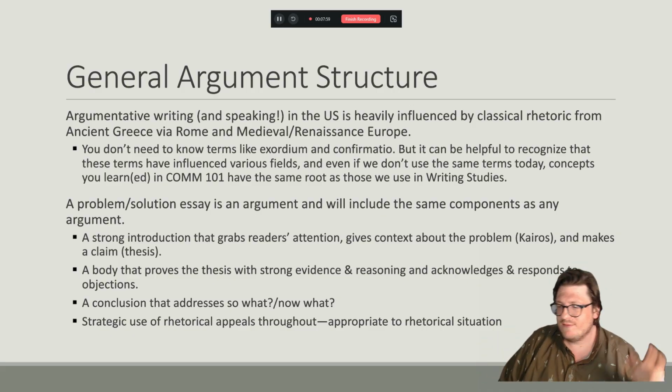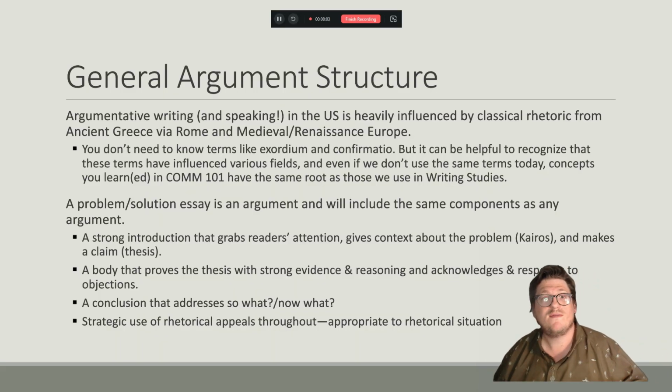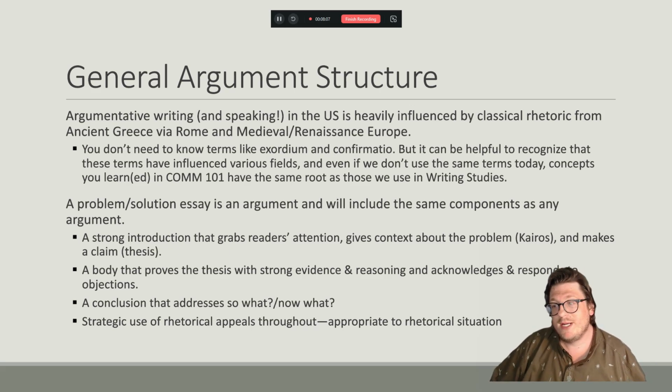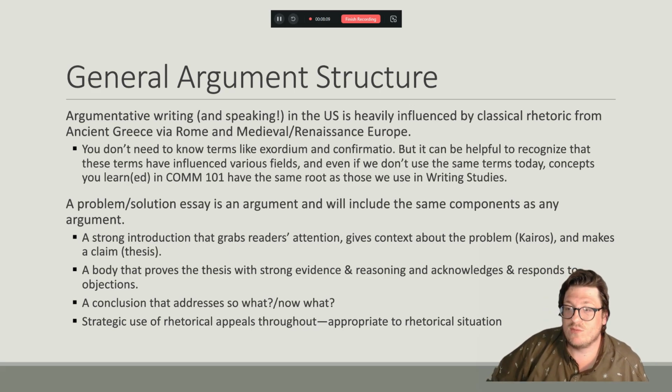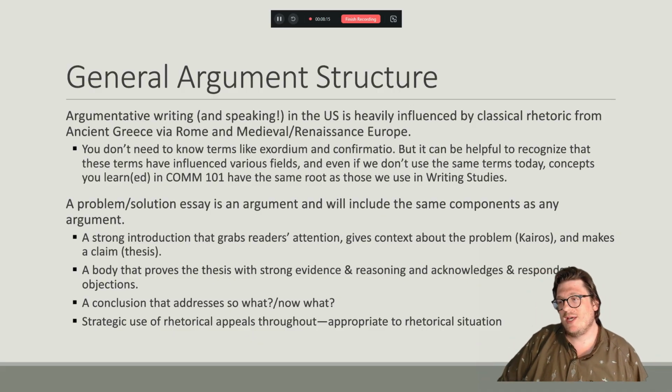There's lots of terminology that maybe you know some of, but you don't know all of. You don't need to know all of the complicated terms from rhetoric, but it is often useful to know what things they talk about in rhetoric, so that you can see how they've influenced fields.